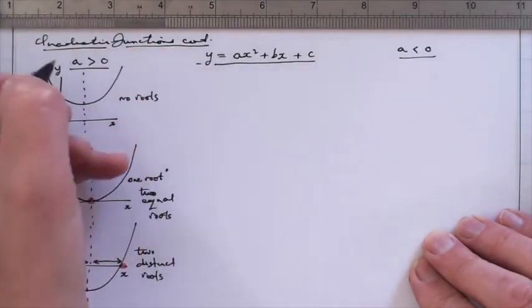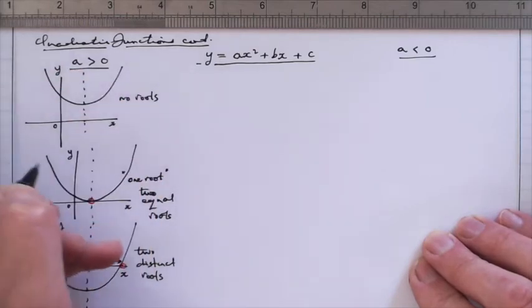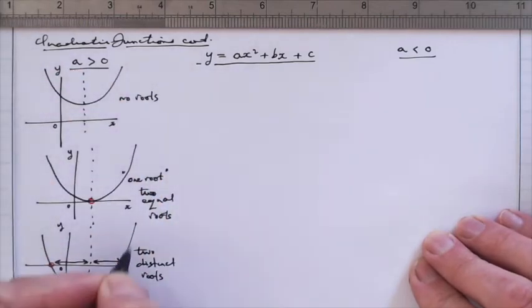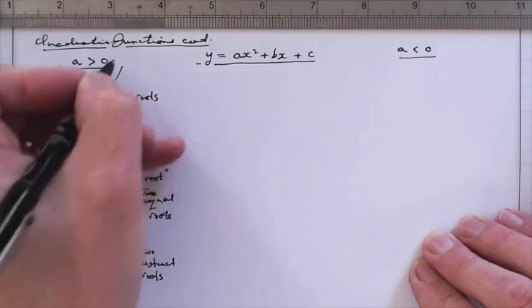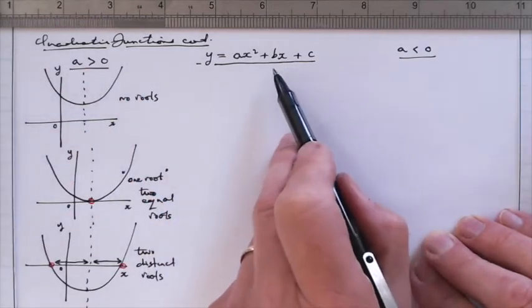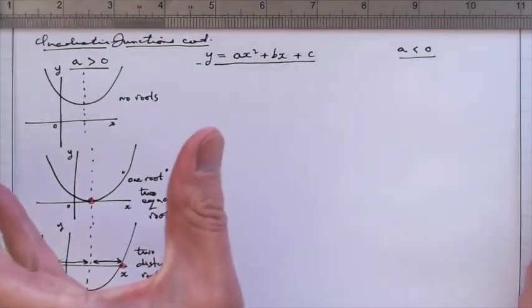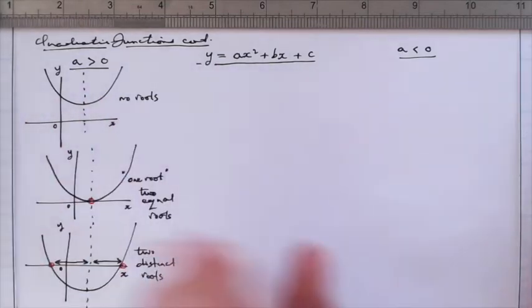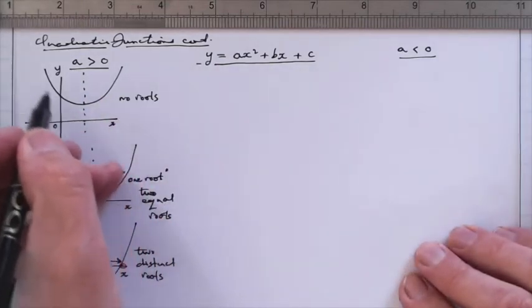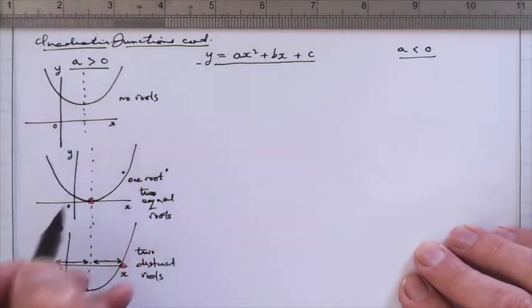If a is positive, you will always have a parabola that is in the shape of a valley, or a U, if you like. The values of b and c will push this U-shaped curve around, up and down and left and right, but they can't change the fact that it's a valley-shaped curve.